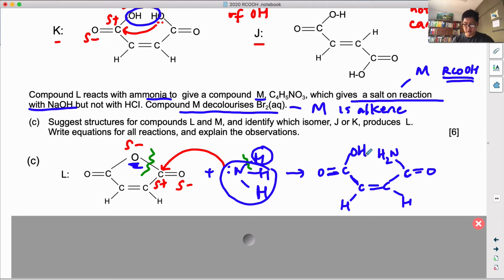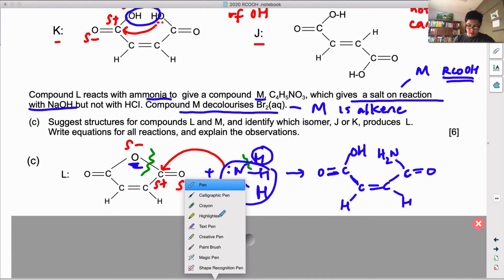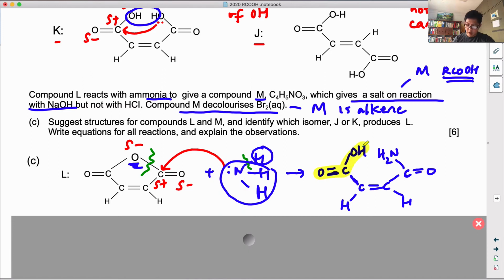So it fits the formula because you still have a carboxylic acid and you still have an alkene. So this is the structure of M.